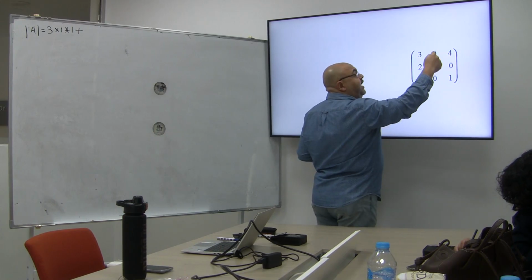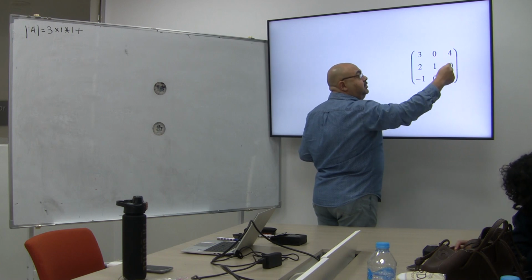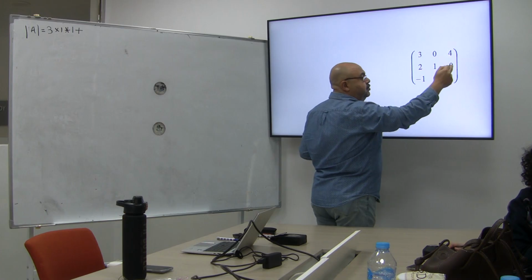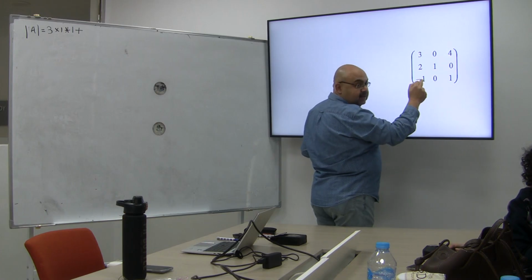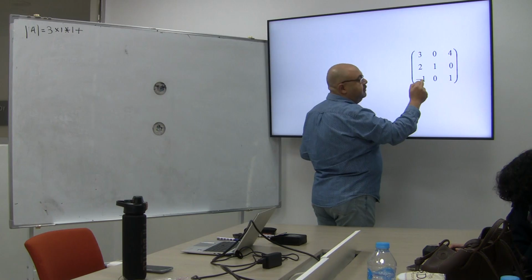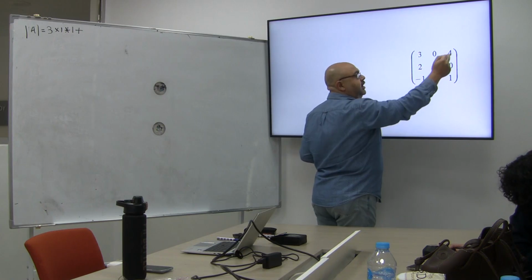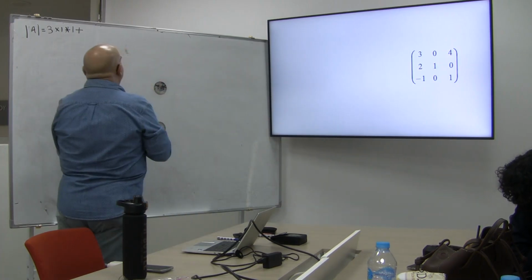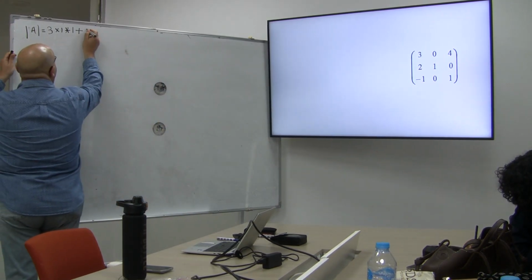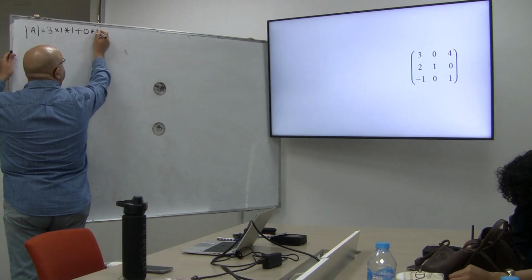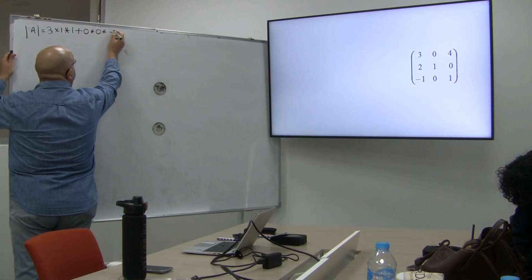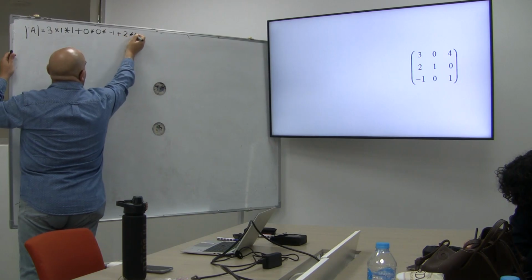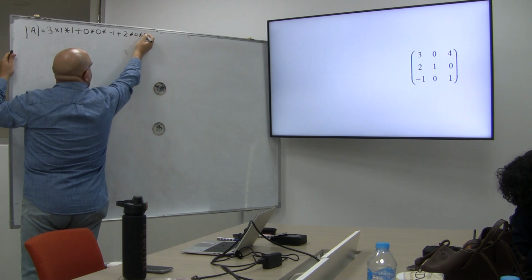I will multiply the elements of the base of the upper triangle and the head of the lower triangle. So it's going to be 0 times -1. Then plus, vice versa. I will multiply the base of the lower triangle and the head of the upper triangle. Do them for me. Okay, 0 times 0 times -1, then plus 2 times 0 times 4.